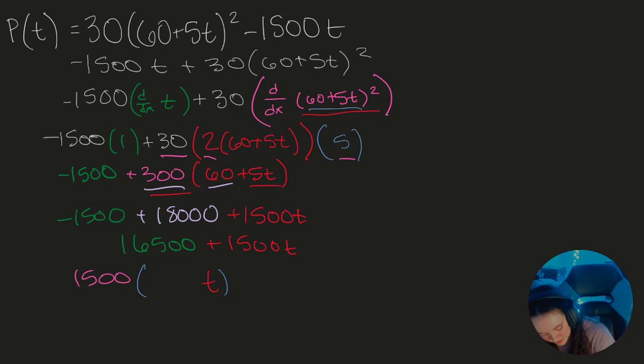So in this case, we know that would be t, and then 16,500 divided by 1500 is just 11. So this is where we would plug in our 6 again. So our t still equals 6. So we would say plus 6.